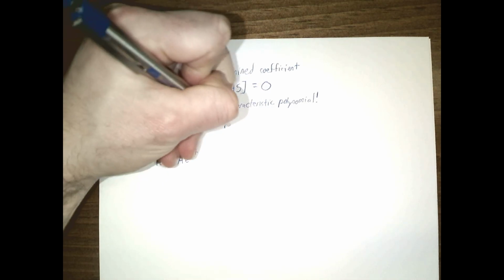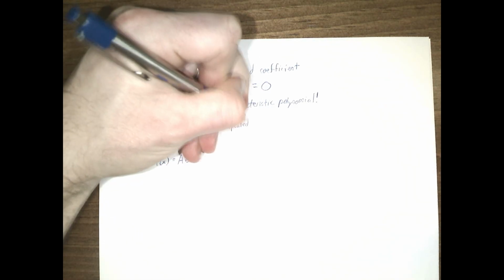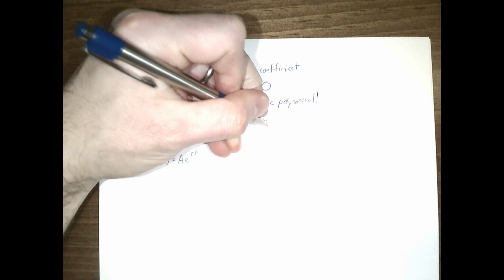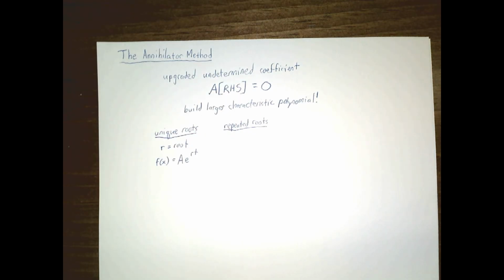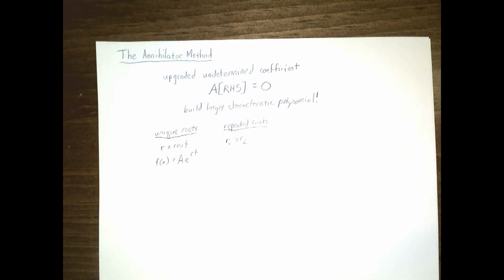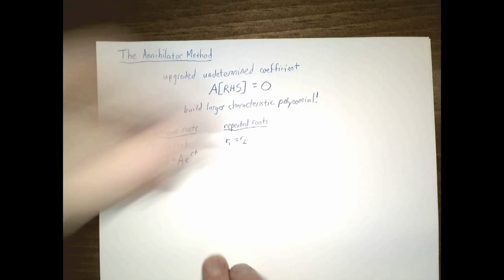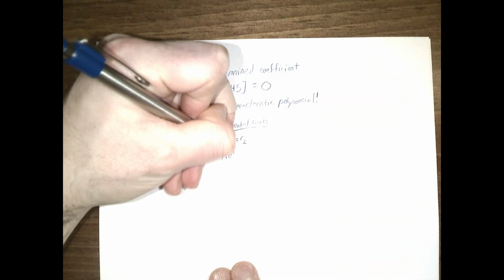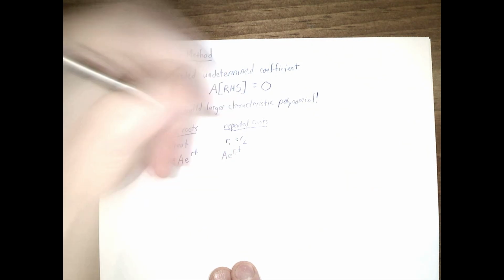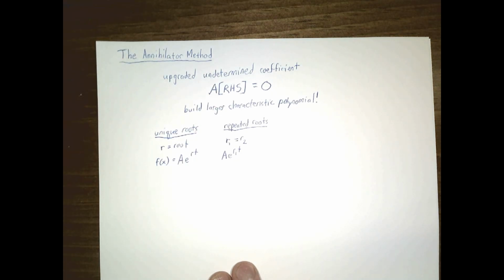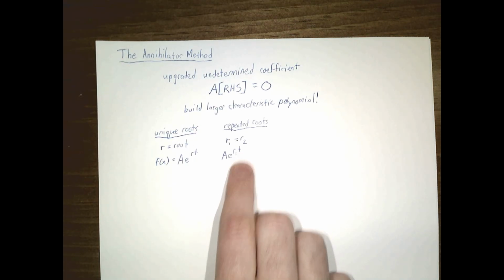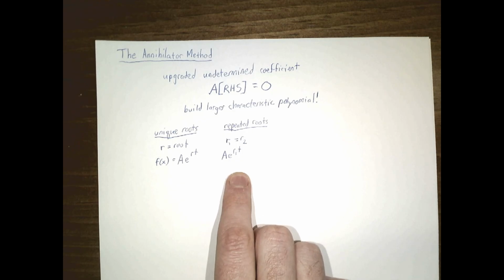We could have repeated roots, where if we get r1 equal to r2, then a e to the r1 t is a solution, but we also need something to go with that first solution that's linearly independent.